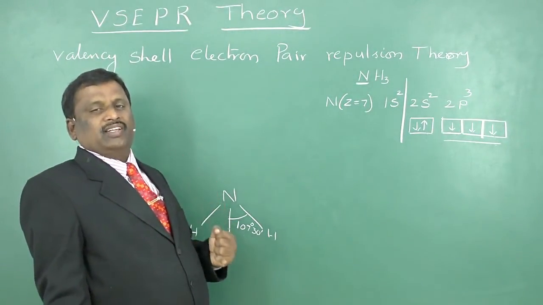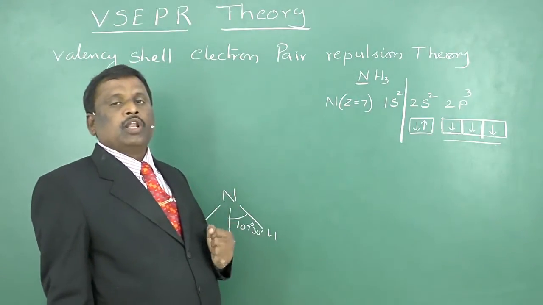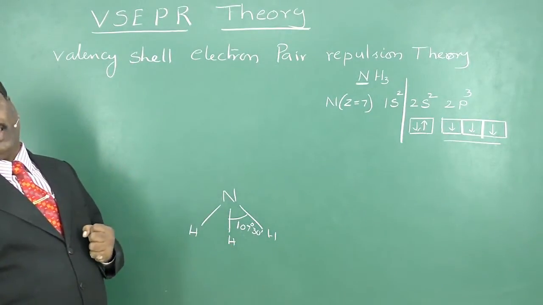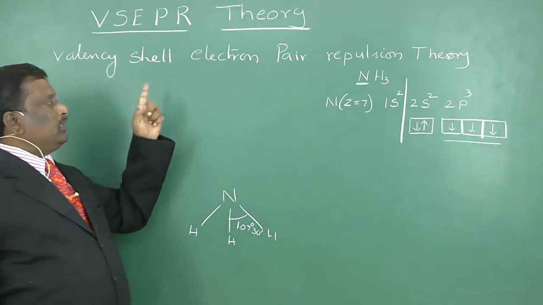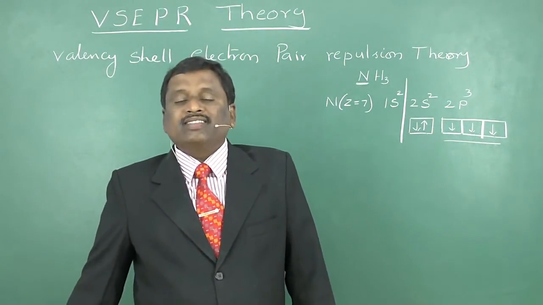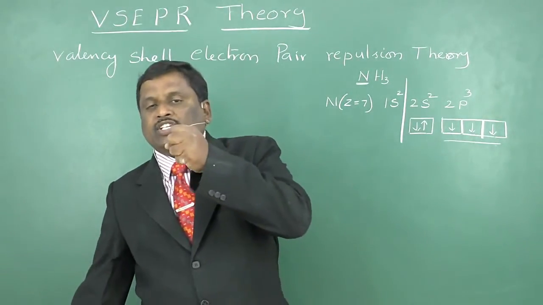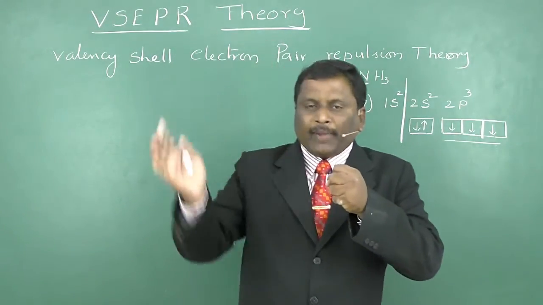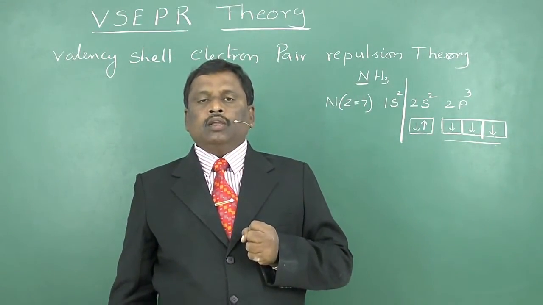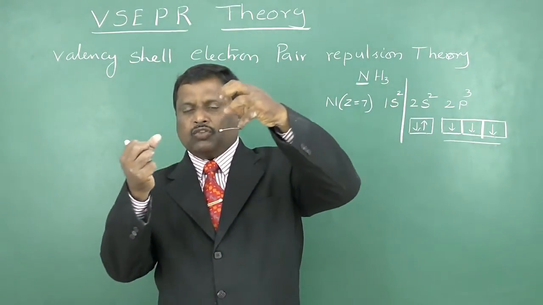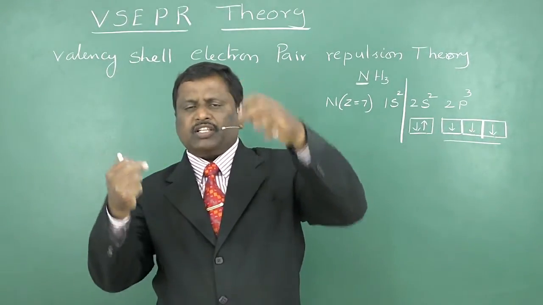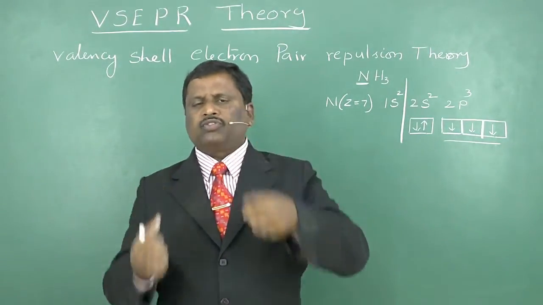Now, if nitrogen is in sp3 hybridization, how can we explain the deviation of the bond angle? For that purpose, this valency shell electron pair repulsion theory was proposed. According to this theory, in the valency shell of the central atom we have certain pairs of electrons after bonding. There will be repulsive forces which push the electron pairs away from each other, because all are like charges.